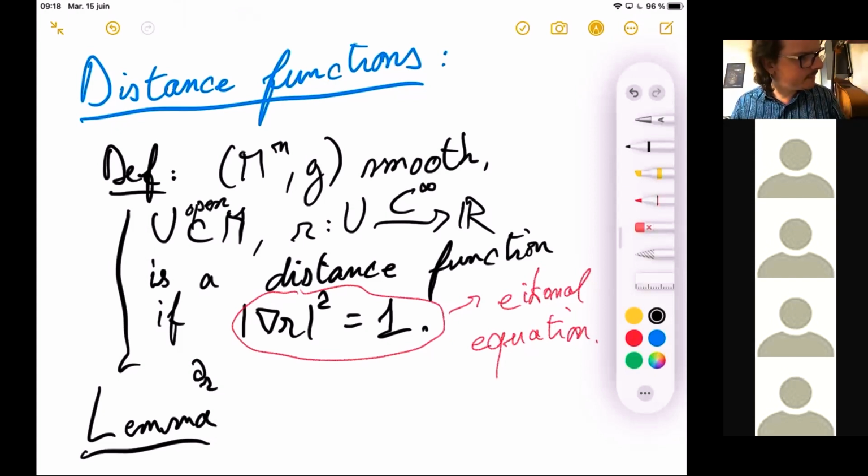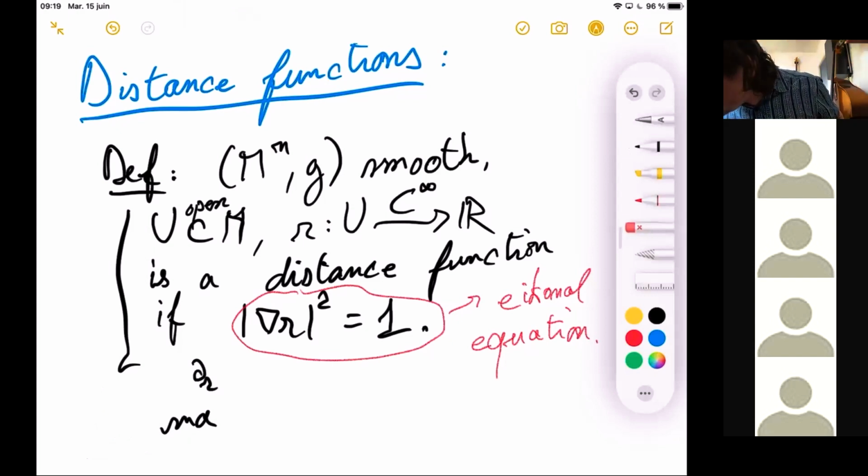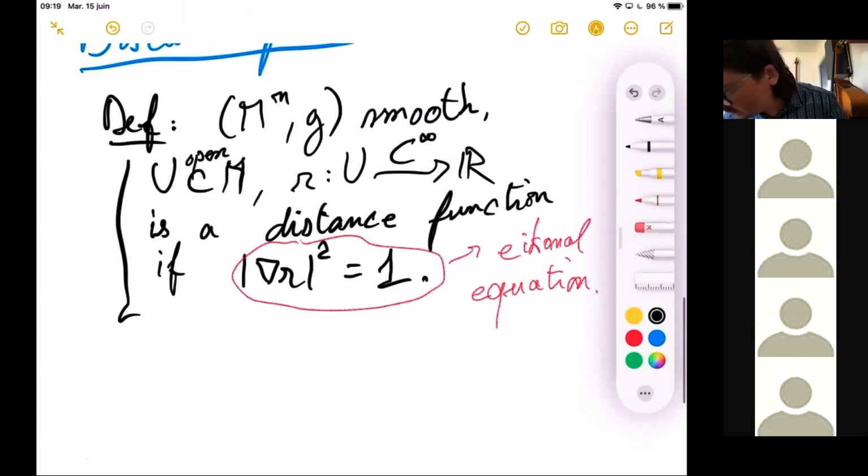Before the lemma, I will do something else. With every distance function comes a very convenient coordinate system, at least locally, called Fermi coordinates.